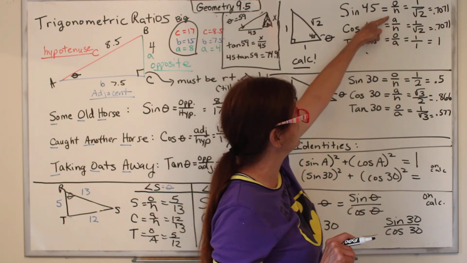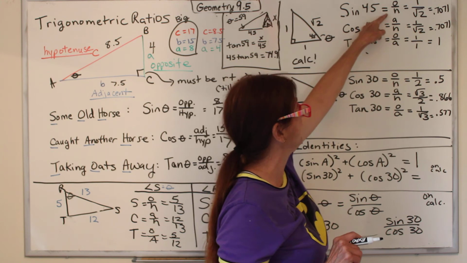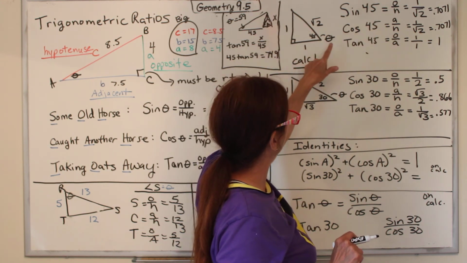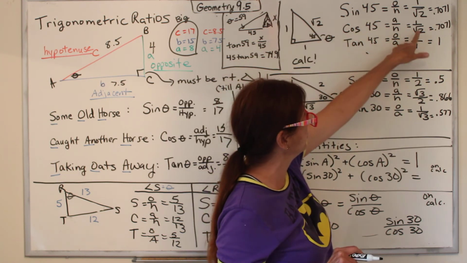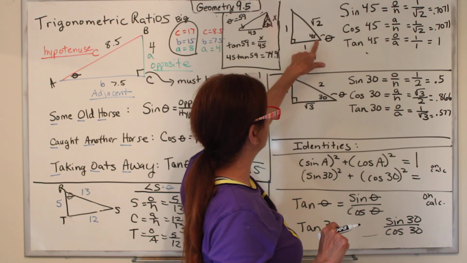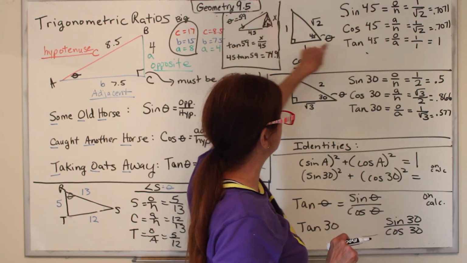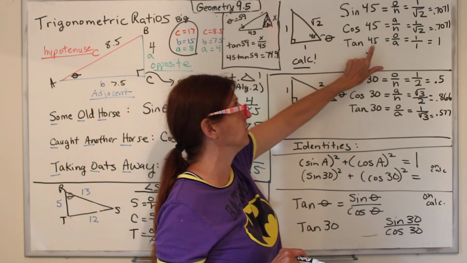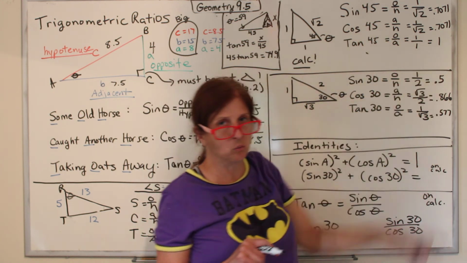And then the adjacent over the hypotenuse, Caught Another Horse. So the adjacent is 1 and the hypotenuse is square root of 2. So it's the same thing. Taking Oats Away, so the tangent is the opposite over the adjacent, 1 over 1, which is 1. Putting in your calculator, tangent of 45, enter, and it will say 1.